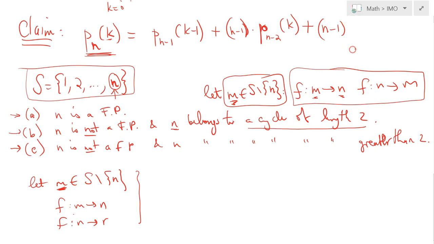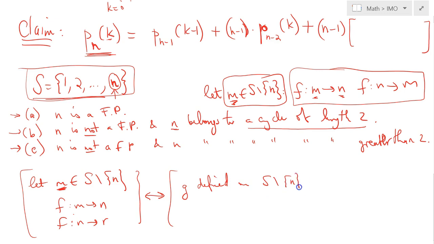And then we will open a bracket here. This one will be slightly messier, as you can imagine. All I need is to find a one-to-one bijection between this count and instead consider this permutation G, which is defined, instead of on the set S, on S minus n, and it simply sends m directly to r by skipping n.